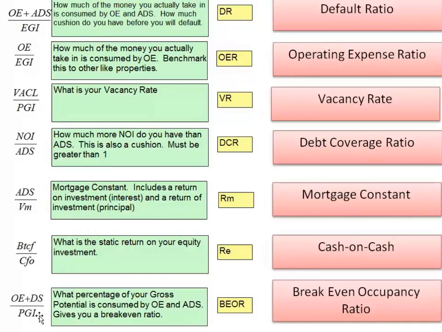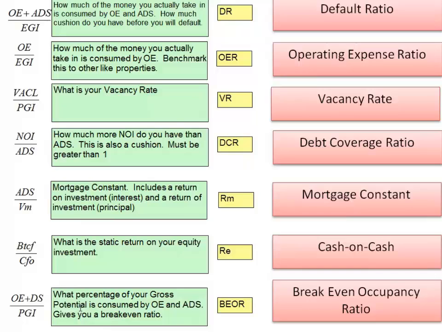Now, as an investor, I'll look at break-even occupancy all the time. I may or may not look at default ratio, and just a different denominator is all it is. So the break-even occupancy is going to tell me what percentage of my gross potential is being consumed by operating expenses and debt service, and this will give me a break-even in terms of dollars.